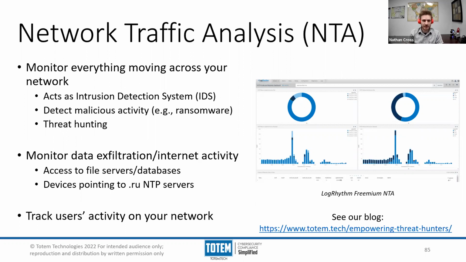Some of the benefits of monitoring network traffic is that you can use network traffic analysis to serve as potentially an intrusion detection system. So we can detect, as I mentioned, a potential adversary trying to break into our network.